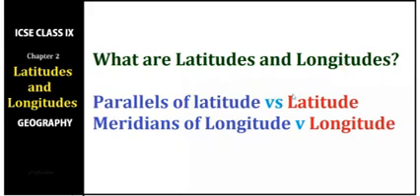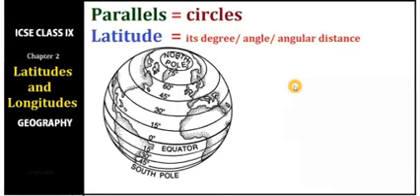Parallels of latitude and latitude. Let us see what is the difference. Parallels are circular lines that are parallel, but latitudes are the value and position where a place is located. Parallels are circles, latitudes are degrees. It represents degree, angle or angular distance.